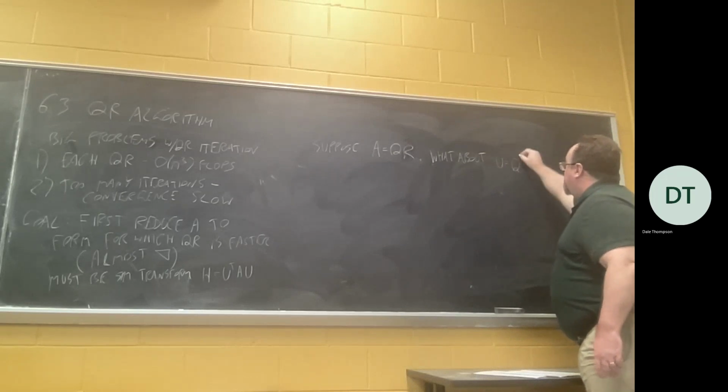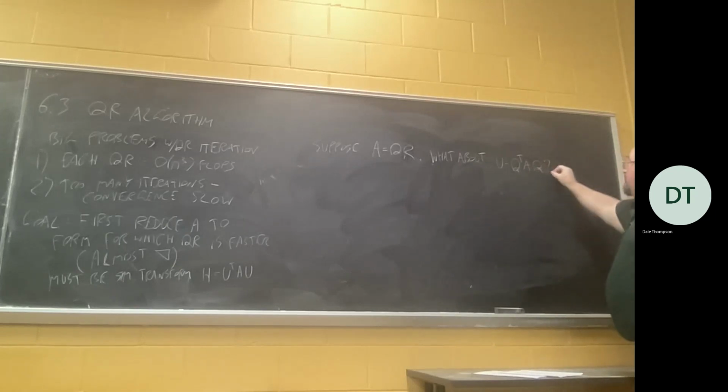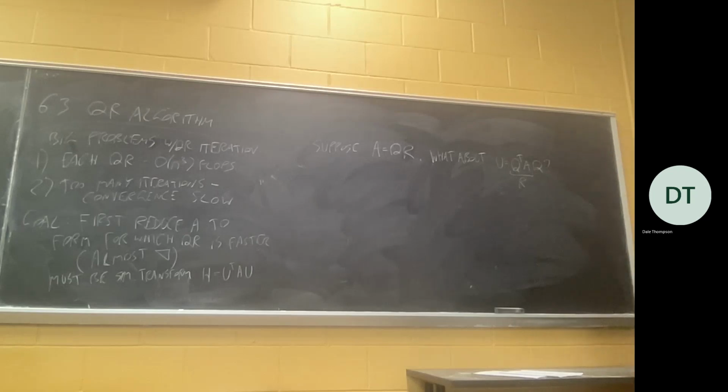Set U equal to Q, so H is Q transpose AQ. Because Q transpose A, well, that is R. So why not just go ahead and do that? If R is already upper triangular, and we're going to multiply that by Q on the right, how much damage can multiplying by Q do?